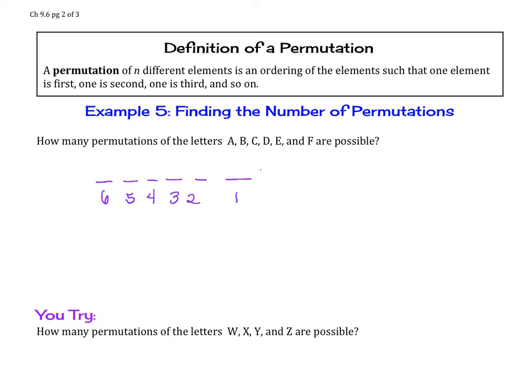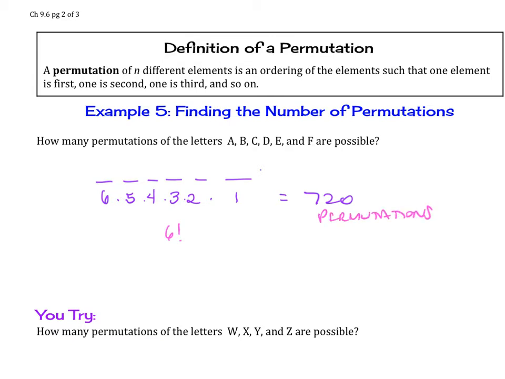And so really, we're looking at that many possibilities, and you multiply it all together, and so there are 720 permutations. Now, when you see this ordered like this, and you're multiplying them together, I hope it reminds you of something, that we can look at it as 6 factorial, right? That's the same thing as this 6 times 5 times 4 times 3 times 2 times 1. So there are 720 permutations.